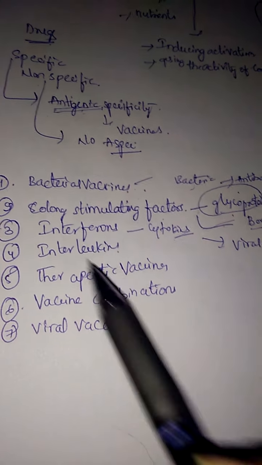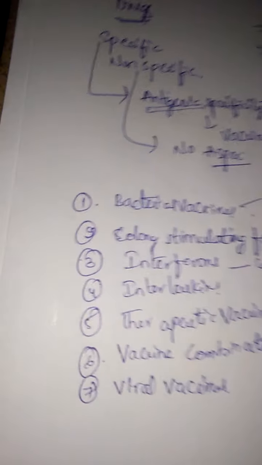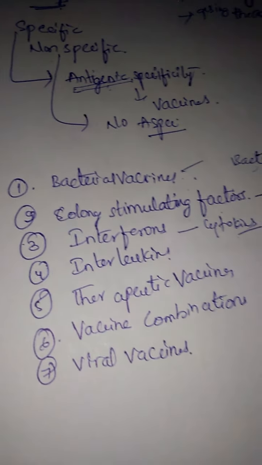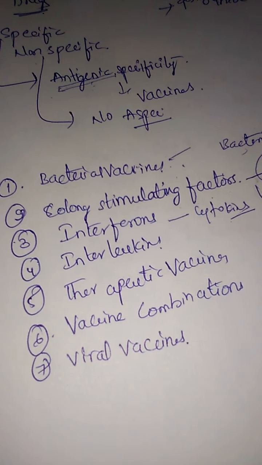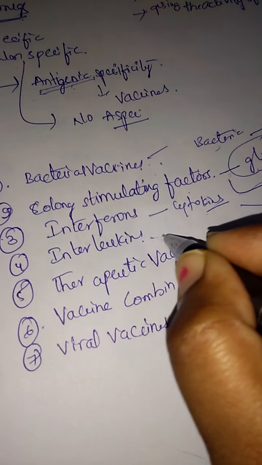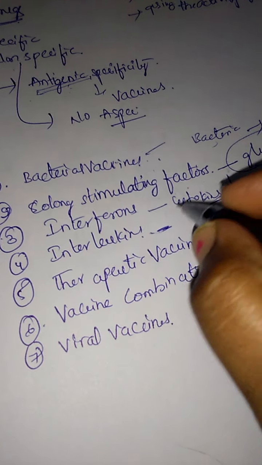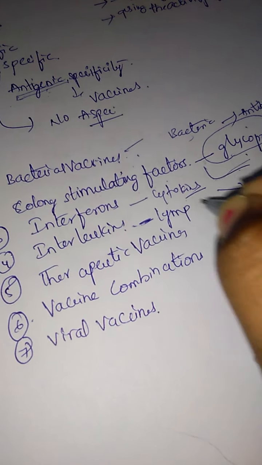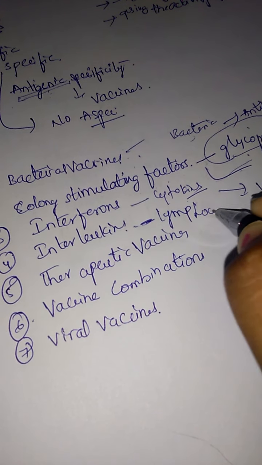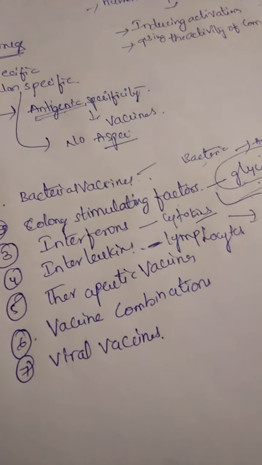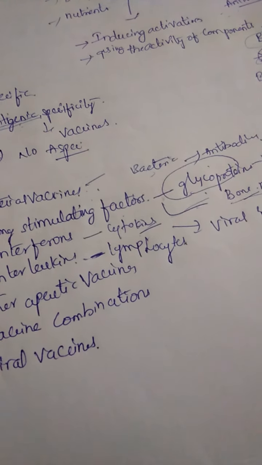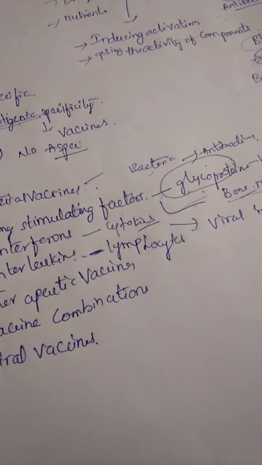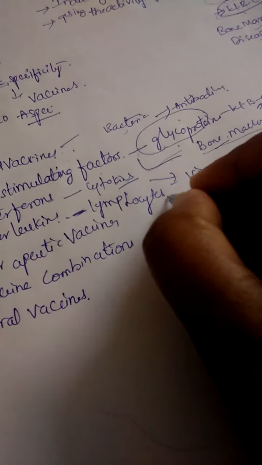Next, coming to interleukins. Interleukins are also a group of cytokines which are synthesized by lymphocytes, monocytes, and macrophages.